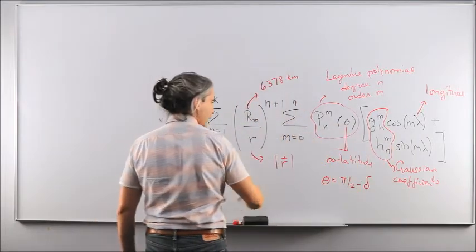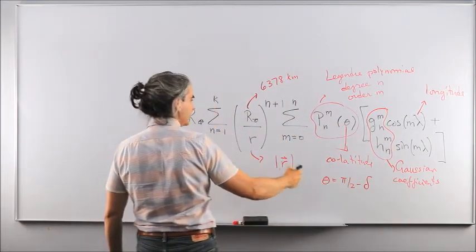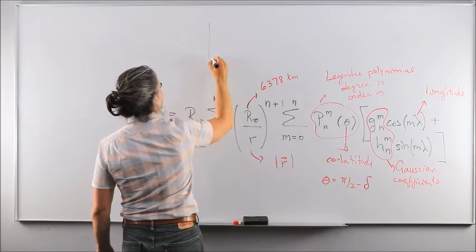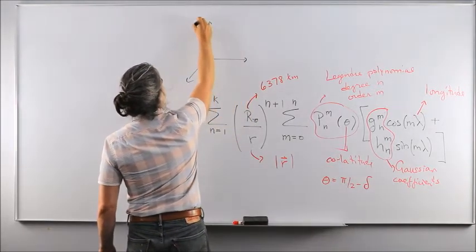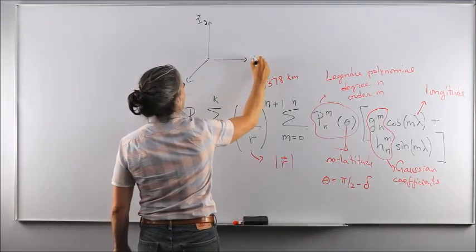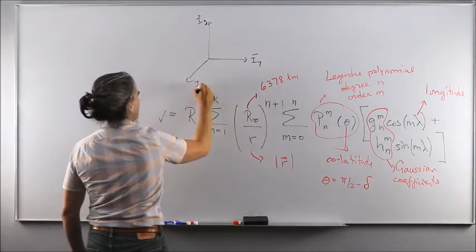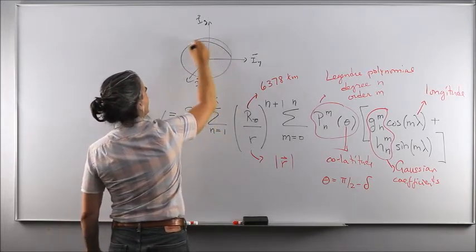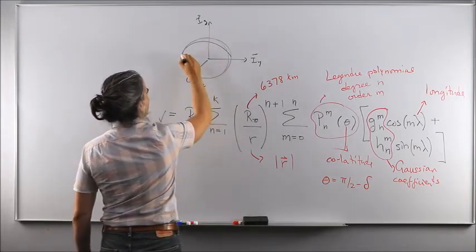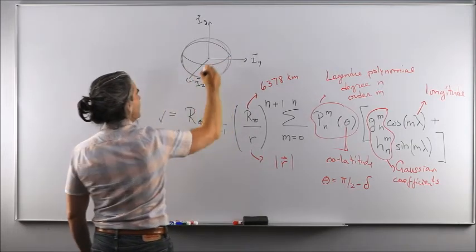Okay? And the way that co-latitude is related to latitude is, if you look at the ECI reference frame, IZ pointing up, IY to my right, and IX out of the board. This is, of course, centered at the Earth, at the equator.